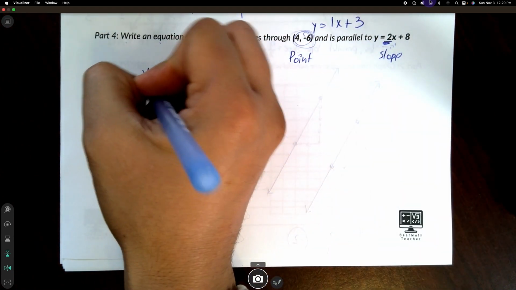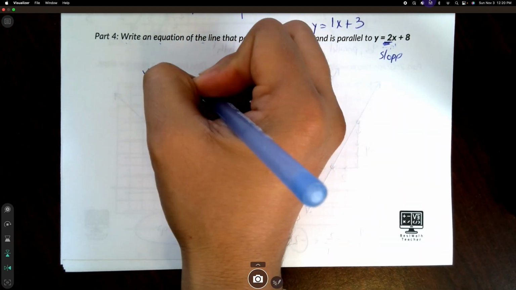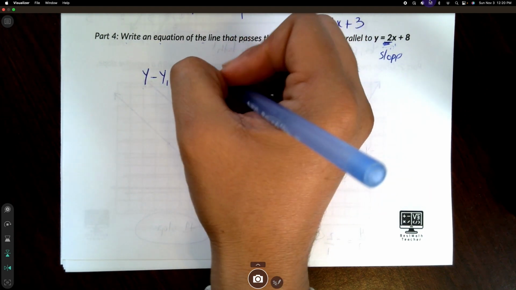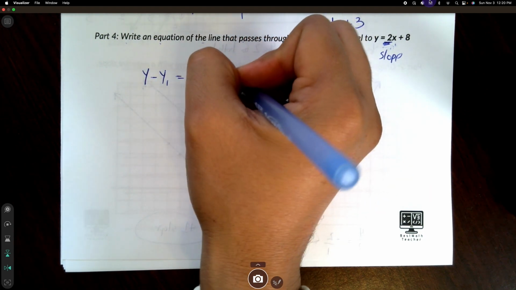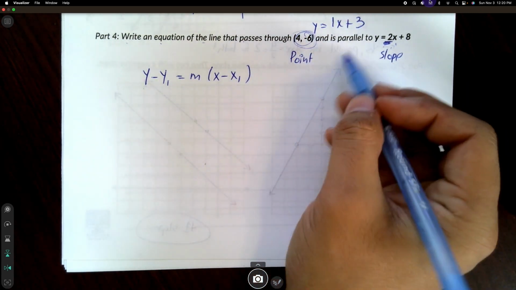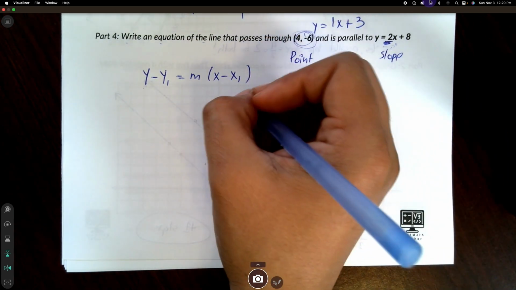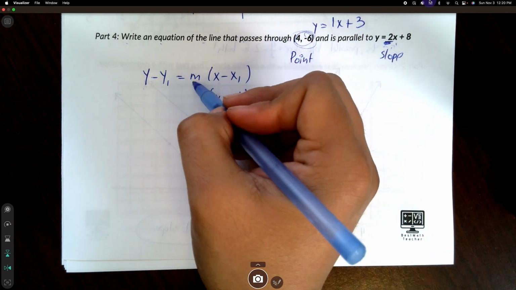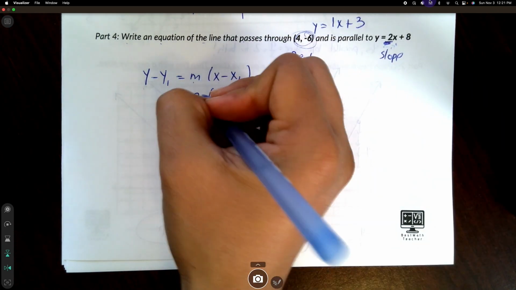That was y minus y1 equals m times x minus x1. So we just got to put all the stuff in. So this 4 is an x, so that's going to be over here. So x minus 4. Our slope is a 2, so times 2.